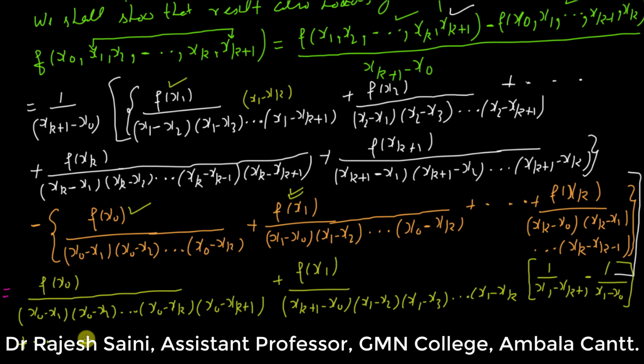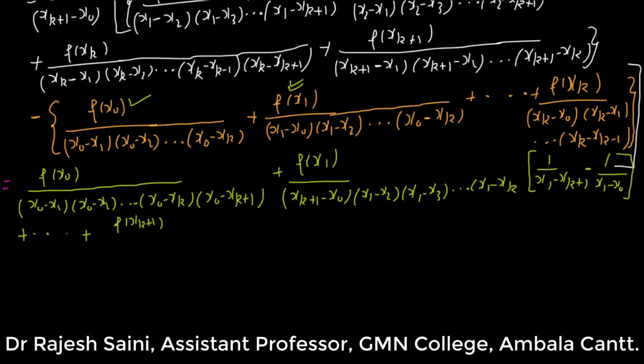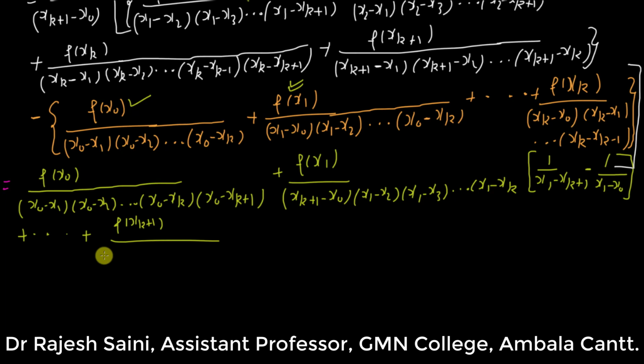Now we will write the last term and so on. It will continue, and in the end we will get f of xk plus 1 divided by xk plus 1 minus x naught. I am leaving the in-between terms, because we have obtained the first two and the last term.